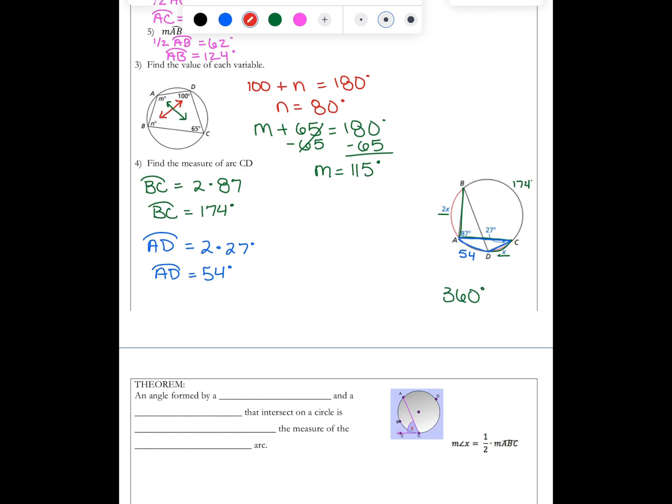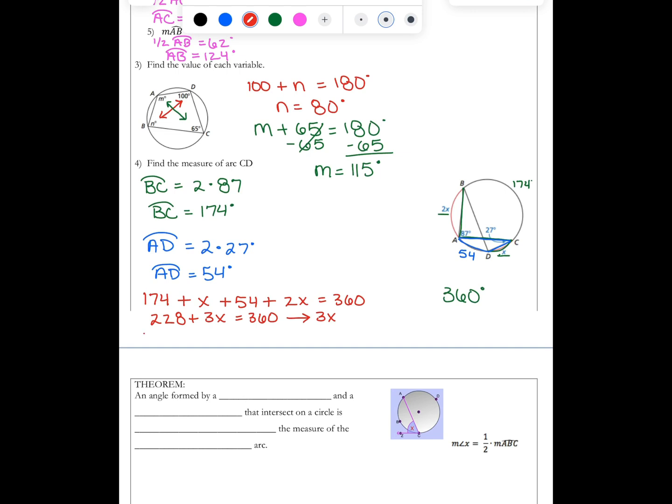Now, using this information, we know that 174 plus x plus 54 plus our 2x must equal 360 degrees because that includes our entire circle. Now, if we combine our like terms, we get 228 plus 3x equals 360. I'm going to go over here so I have more room.